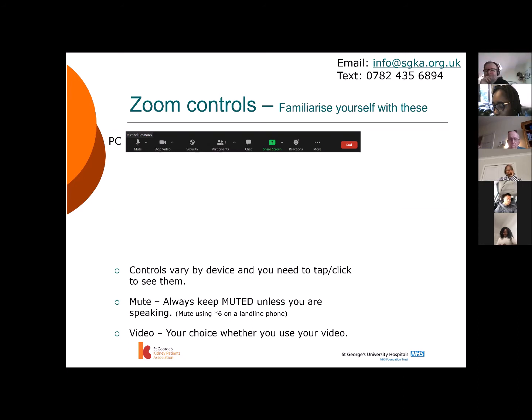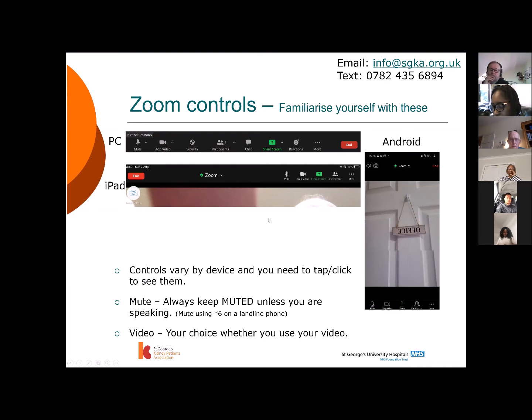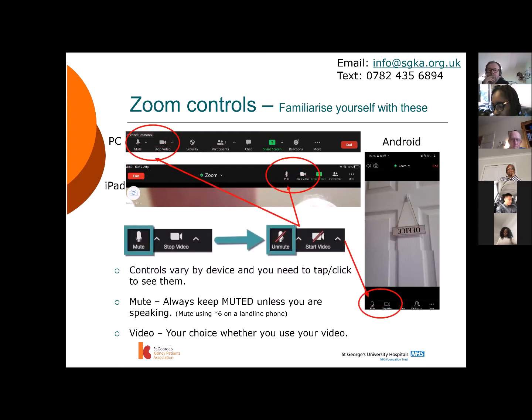So familiarize yourself with the bar at the bottom of your PC, or if you're using an iPad, it will be at the top, or if you're using a phone, it'll be at the bottom. These are three examples of the screens, and the two key controls during this meeting are mute and start or stop your video. If you're on the phone, you can use *6 to mute and unmute yourself.